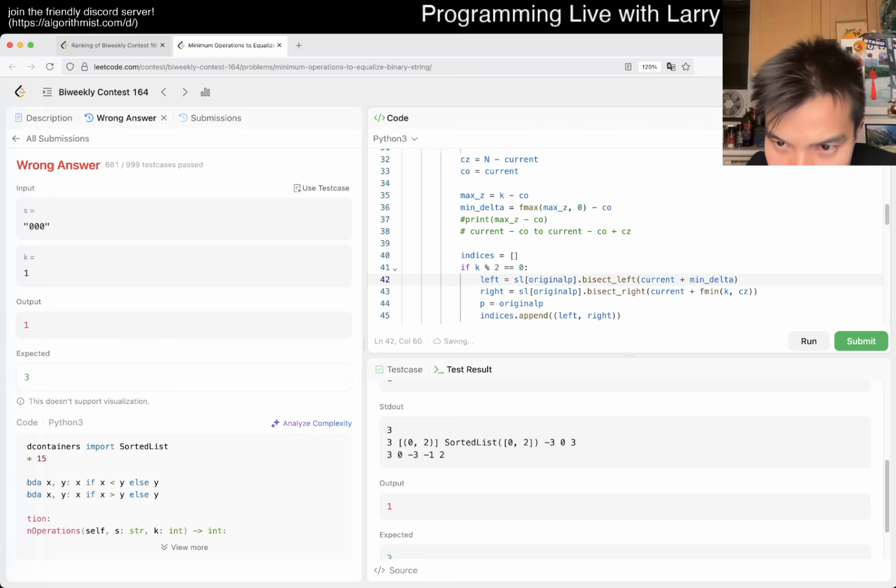How do I write this? We do need like, we want to, okay, so I guess it's maybe this and current.